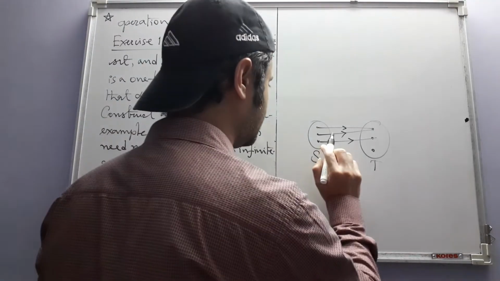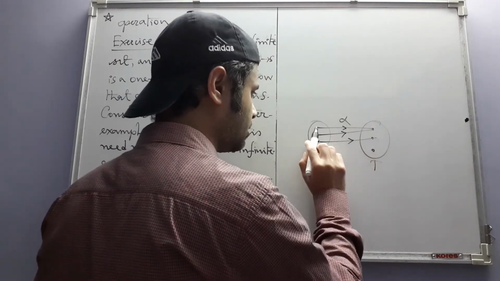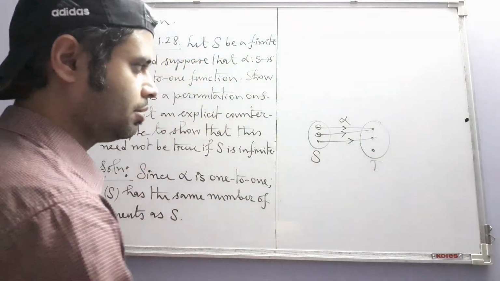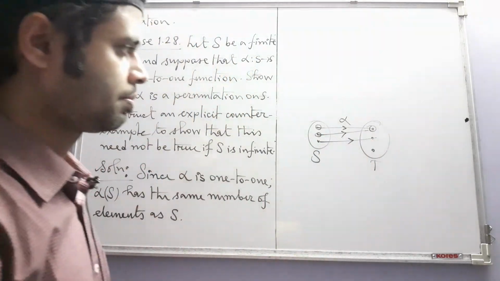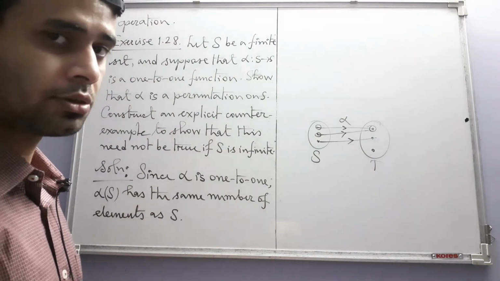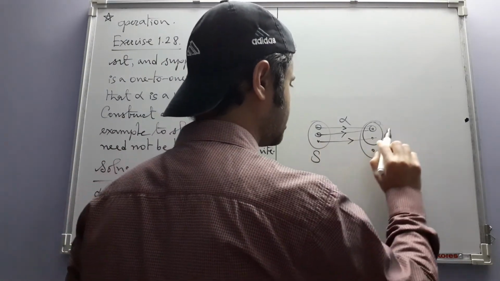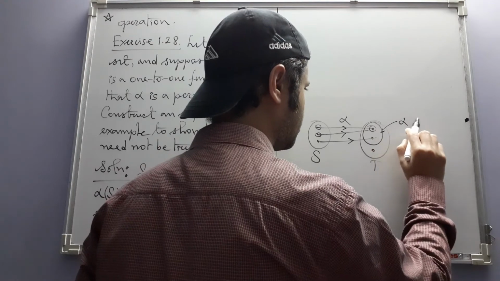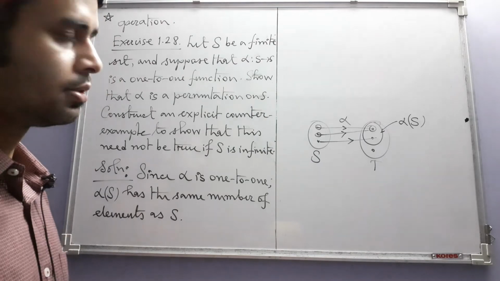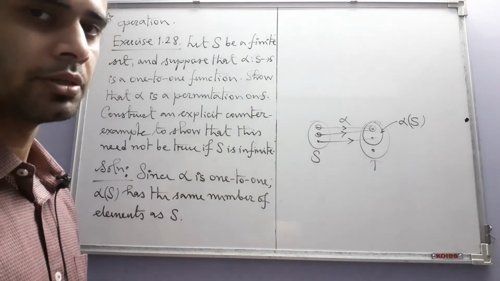Both of them are finite, however. Here the function alpha is not one-to-one, because of these two elements having the same image under alpha. And you can see that because of this not one-to-oneness, the size of the image set alpha of S has decreased. S has 3 elements, whereas this one has 2 elements.